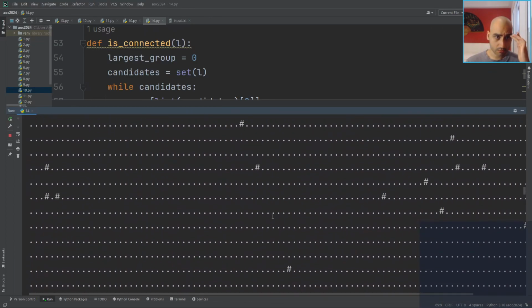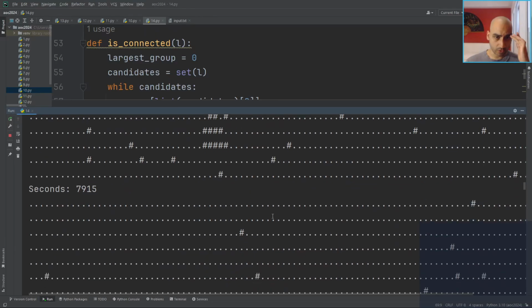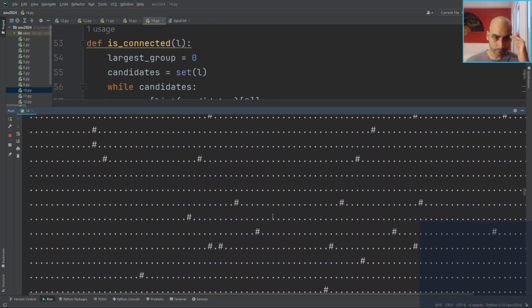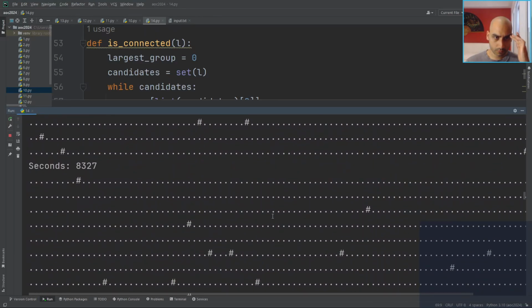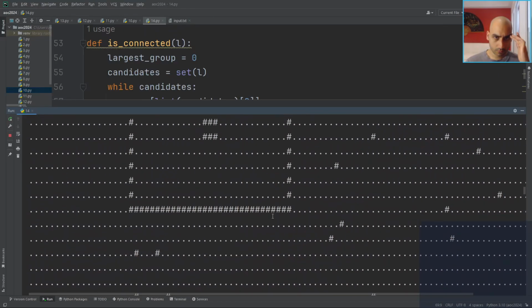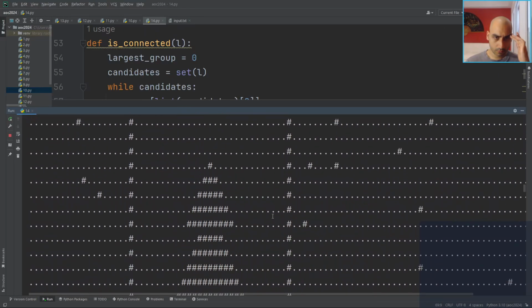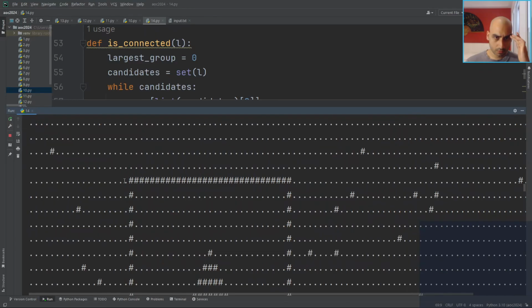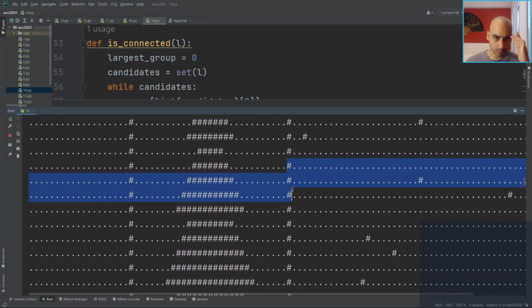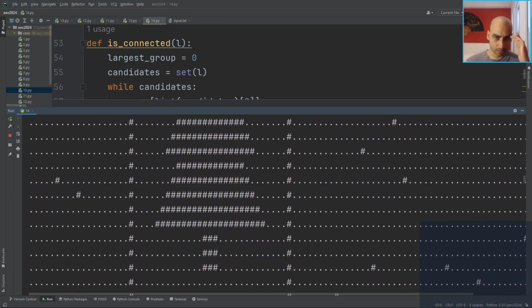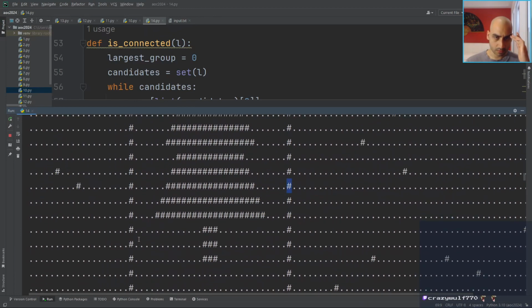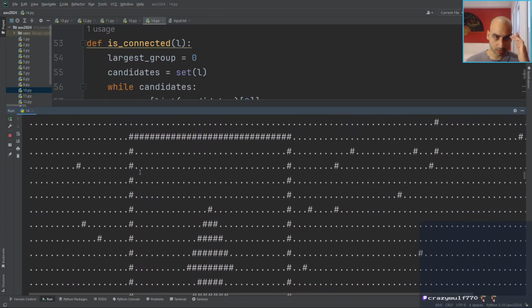There it is. 7915. Oh, I see. It's disconnected. The border around it.